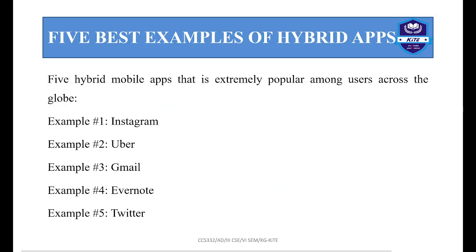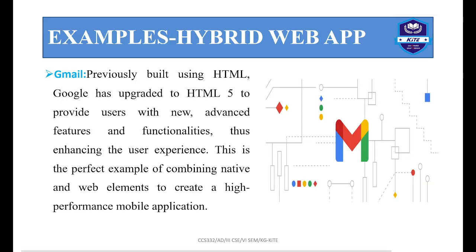We'll see a few examples of hybrid apps. Instagram, Uber, Gmail, Evernote, Twitter, all these applications are hybrid mobile applications which are extremely popular among users across the world. We'll discuss a few. The first and foremost is Gmail. Initially it was built using HTML and now it has been upgraded to HTML5 to provide the user with new advanced features and functionalities.